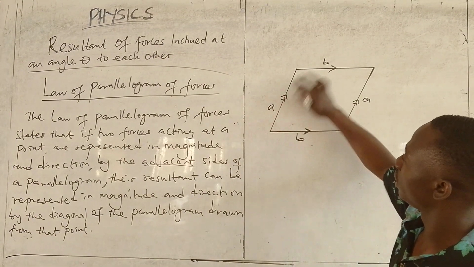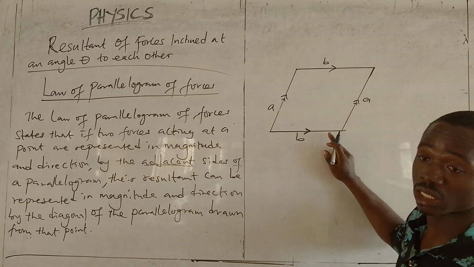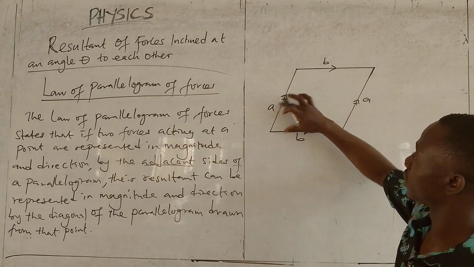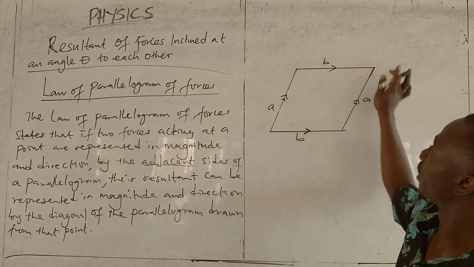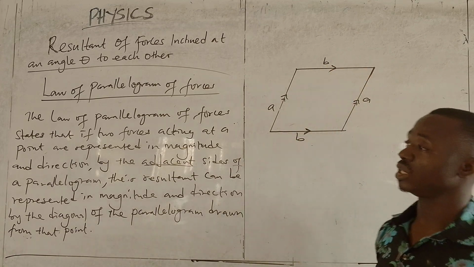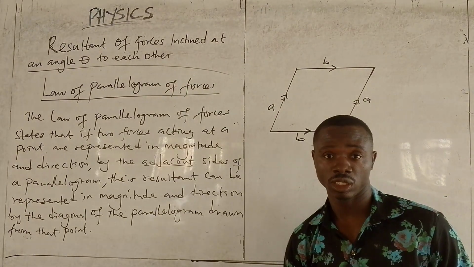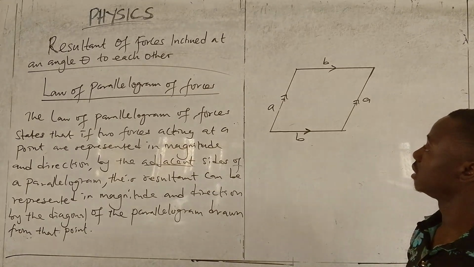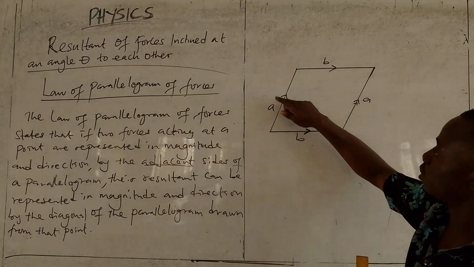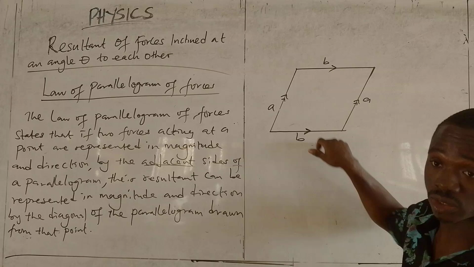For example, A and B are adjacent to each other. These two are adjacent, here and here, adjacent, here and here, adjacent, and here and here. All those pairs are adjacent to each other. So, represented by adjacent sides. These are the two adjacent sides, okay?